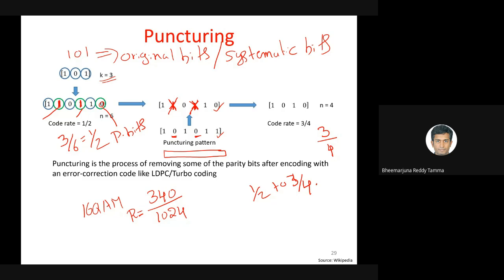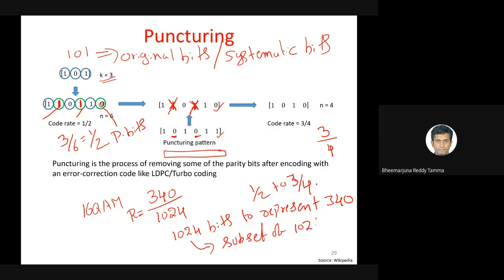But what puncturing says is that you don't really need to send 1024 bits to represent 340. You rather send a subset of that. By doing that, we get R dash, which is equal to 340 over a number less than 1024. Because of that, R dash will be greater than R. Does that make sense, what I'm trying to show here?